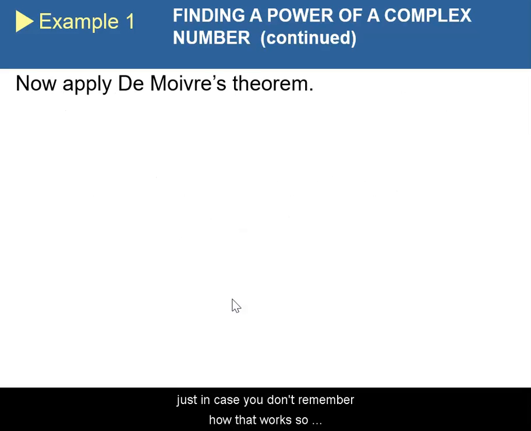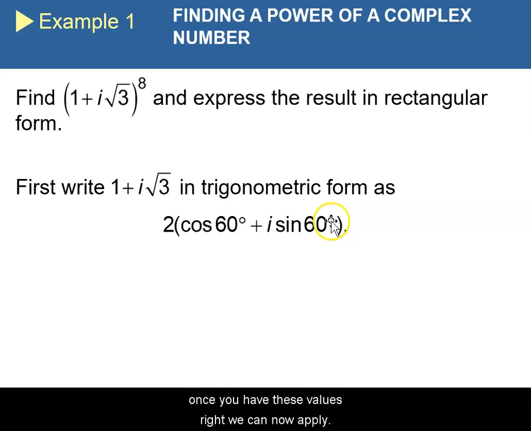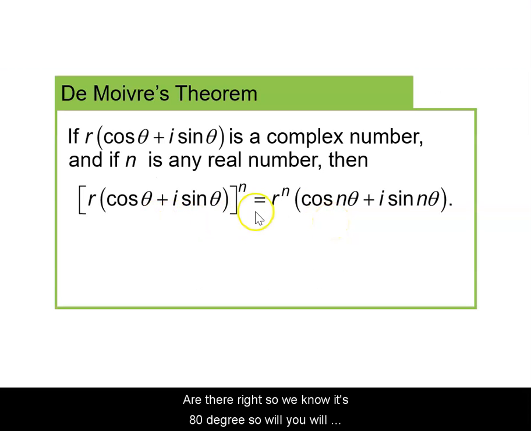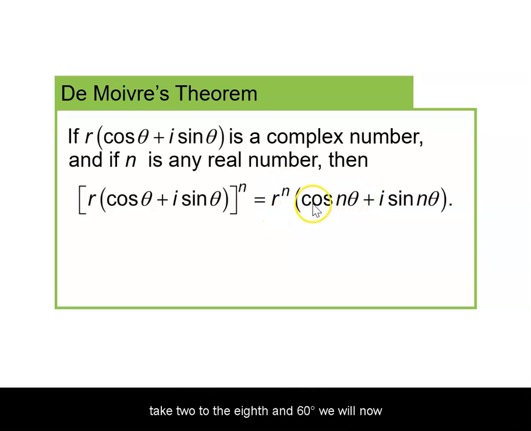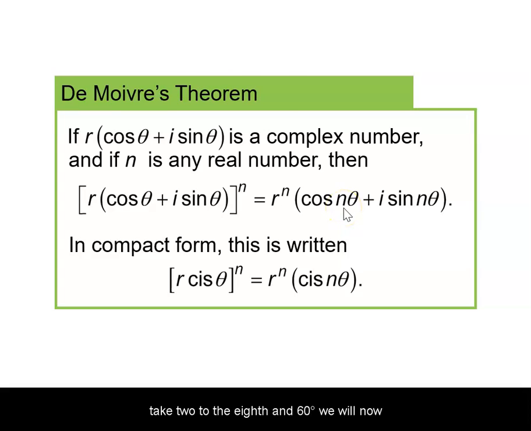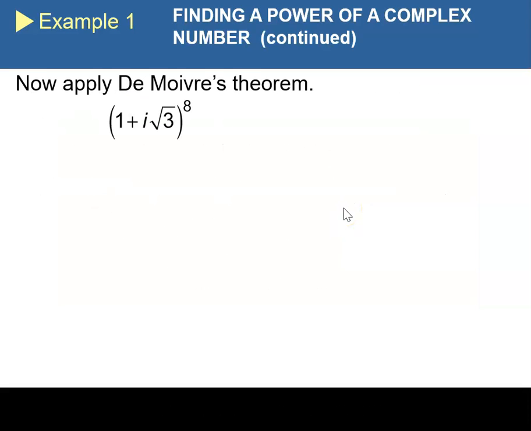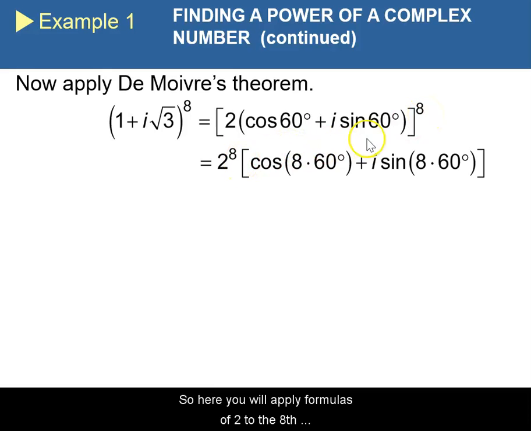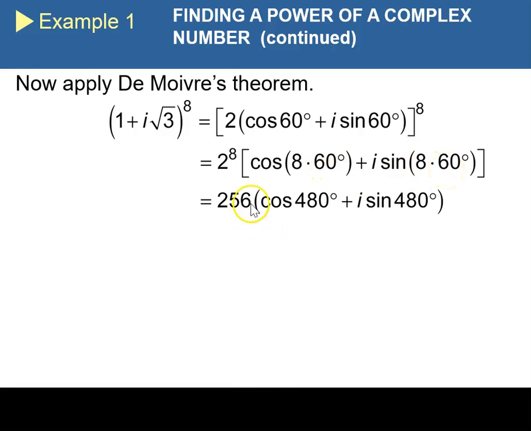Once we have these values, we can apply our theorem. We know it's the 8th degree, so we take 2 to the 8th, and multiply the 60 degrees times 8. So we have 2 to the 8th power, and 8 times 60 degrees gives us 480 degrees.